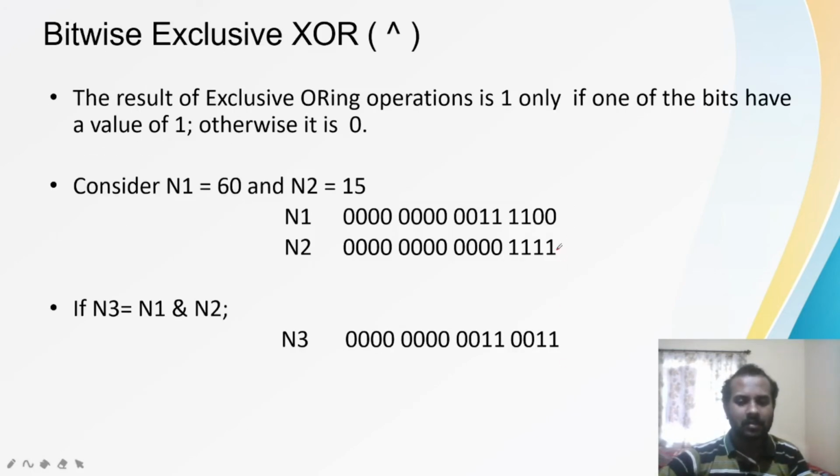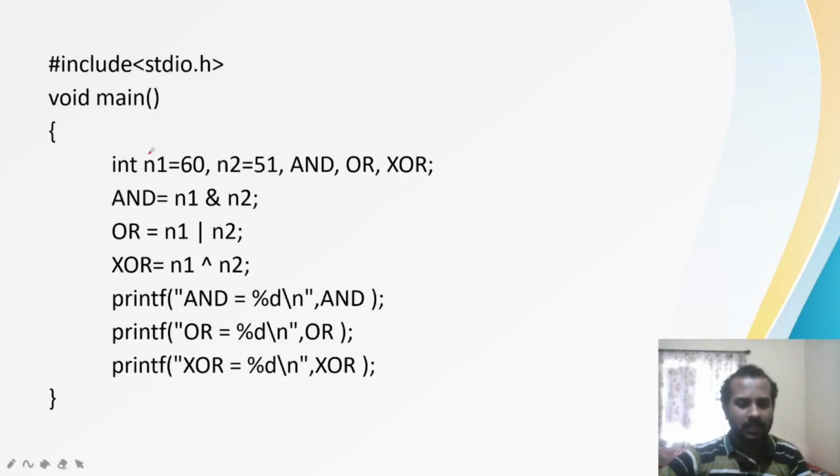So this is again the same simple program. When you are writing the program, don't do it this way: N1 is equal to 60 and N2 is equal to 51.